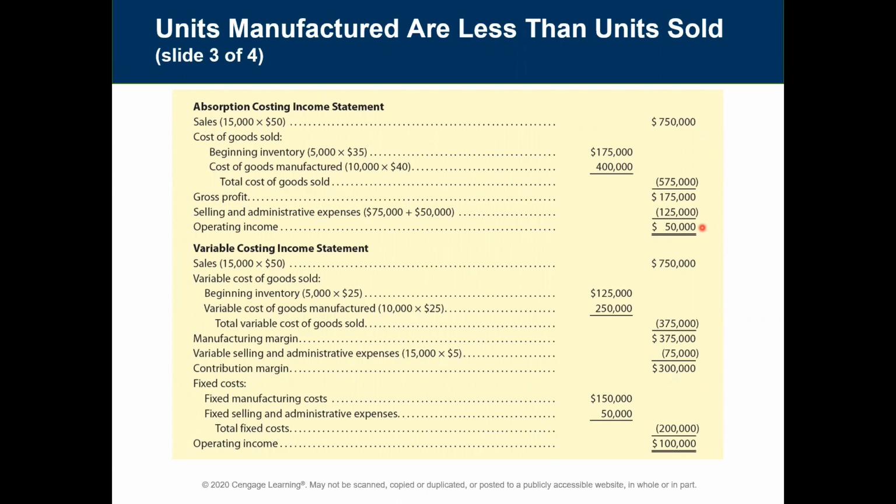Those are all good things for management decision-making purposes, and using variable costing allows us to recognize that, allows us to not hold them accountable for fixed costs from a prior period, and to punish is probably a little extreme, but to not recognize the true income resulting from what happened this period.